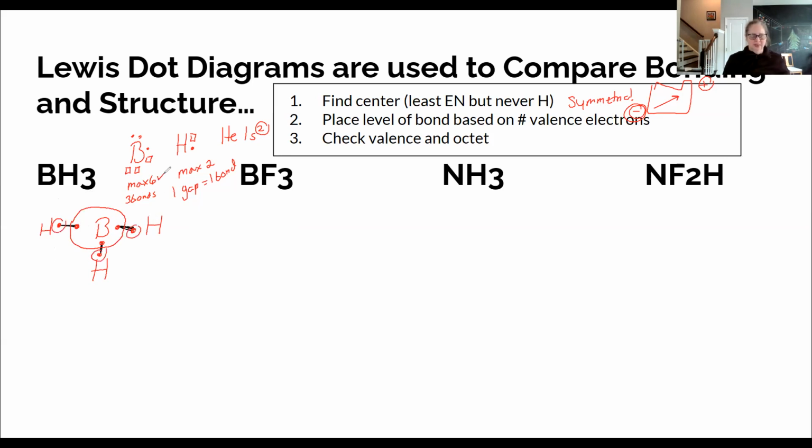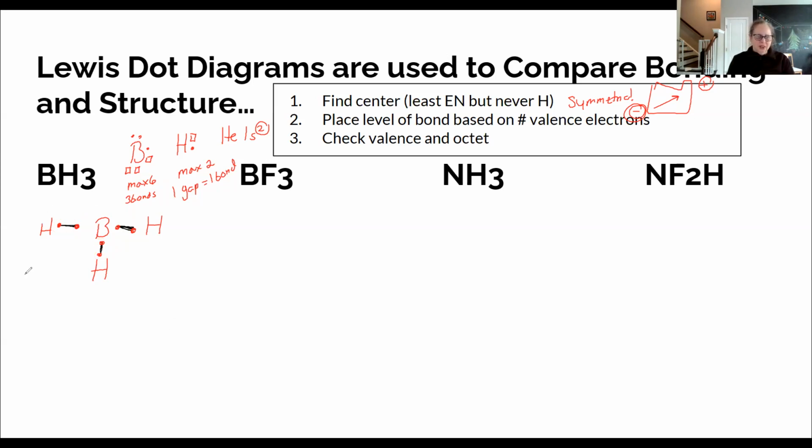That's what he was supposed to max at. He was supposed to fill in 4, 5, 6, and he did. And now we go look at hydrogen. Hydrogen has 1 valence electron, and he needed to fill 1 gap, so 2. And that's what he needed. So this is my total structure of boron trihydride.